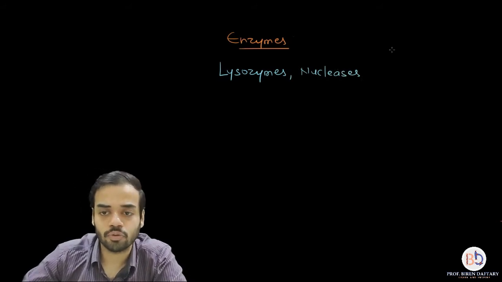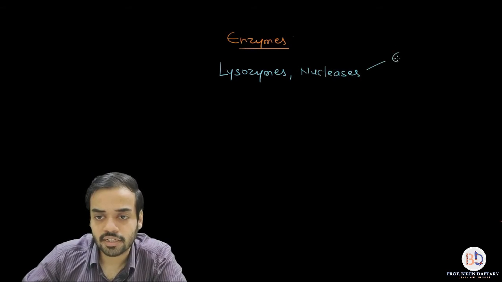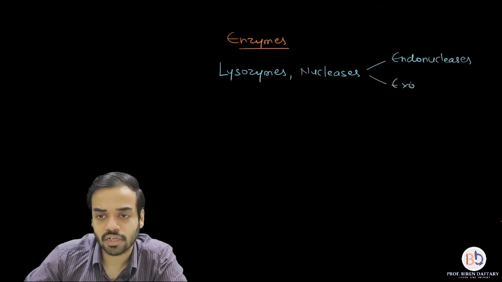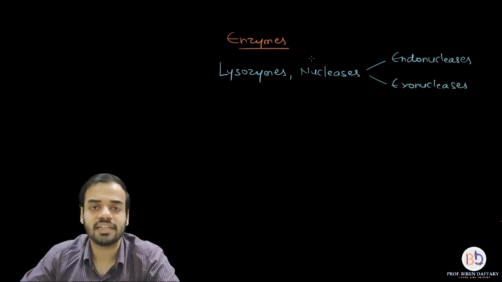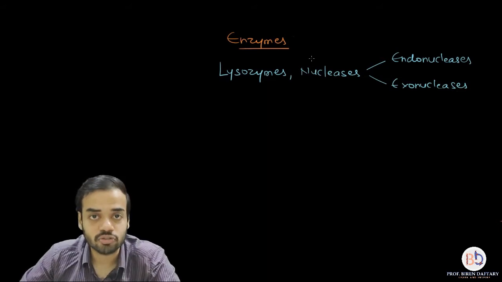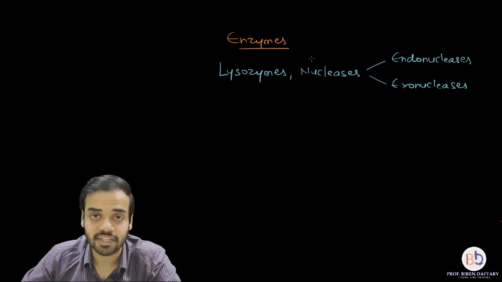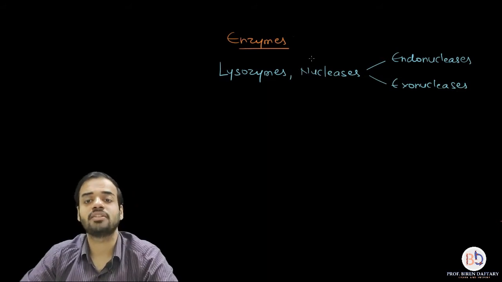Nucleases are of two types. Okay, there are endonucleases, right? Then there are exonucleases. For all those who are wondering what are lysozymes, lysozymes are basically enzymes which are present in our sweat, in our tears, which are antibacterial. Okay, so those enzymes are present in the body.